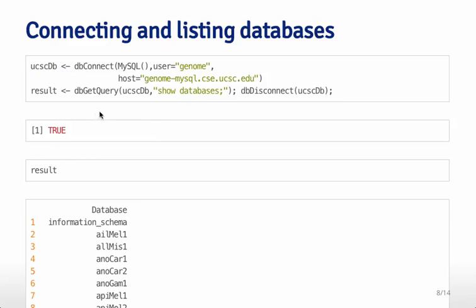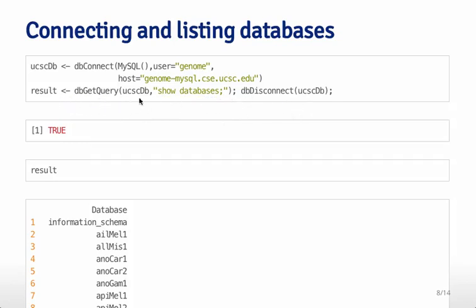And then you can actually apply a query to that database. You can use the dbGetQuery command. What that does is it'll go to the connection, in this case the connection to this database, and it'll run this MySQL command. So this actually isn't an R command. It's a MySQL command that we're sending to this database through the dbGetQuery function.